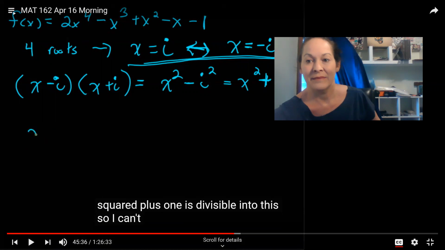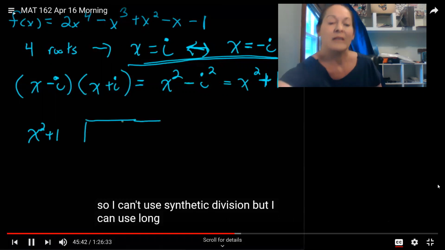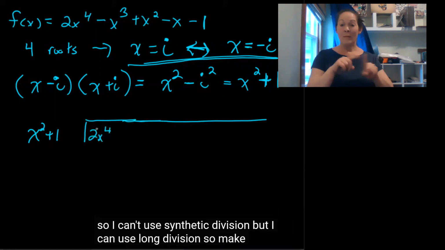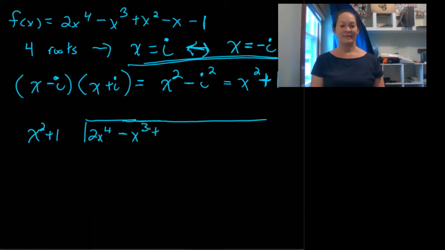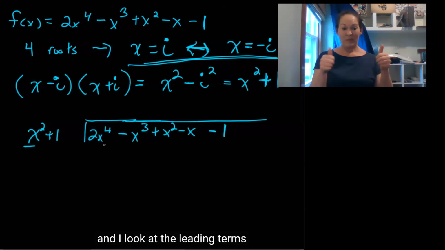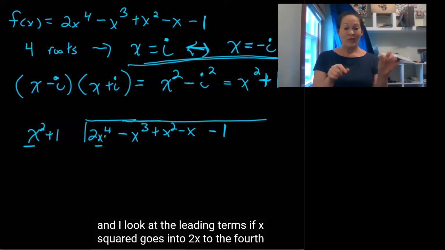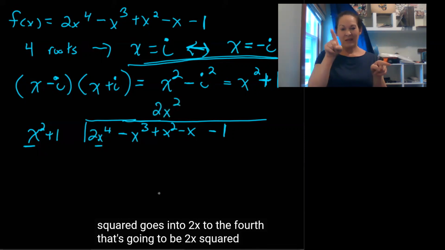So I can't use synthetic division, but I can use long division. So make sure I have each of my powers of x, and I look at the leading terms. If x squared goes into 2x to the fourth, that's going to be 2x squared.